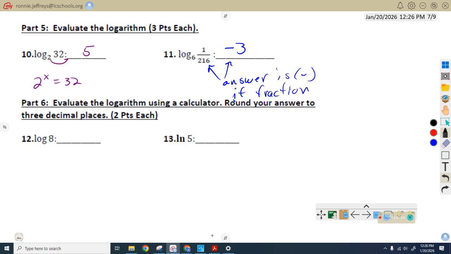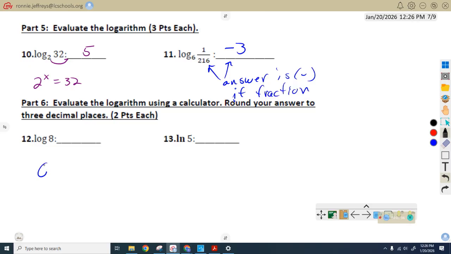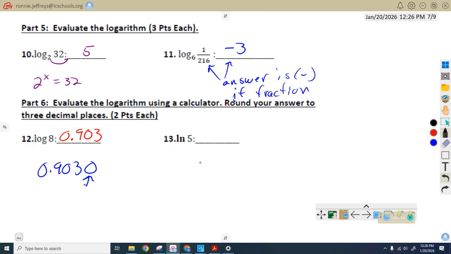Alright. It says round to 3 decimal places. That means we look to the 4th. Log of this 8, 903, so 0.030. Well, this right here tells us that we don't do anything, which is like some of my other students. 1.6094.